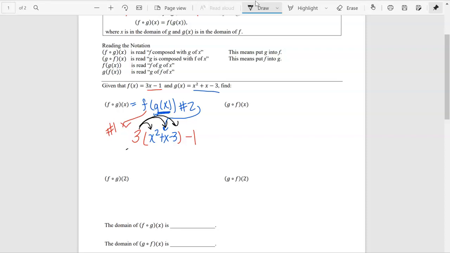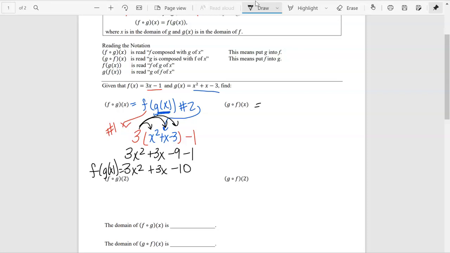So we would get 3x squared. 3 times x would be a positive 3x. 3 times negative 3 is negative 9, minus 1. And so we have 3x squared plus 3x. The negative 9 and the negative 1 can go together and get us negative 10. So f of g of x is equal to 3x squared plus 3x minus 10.